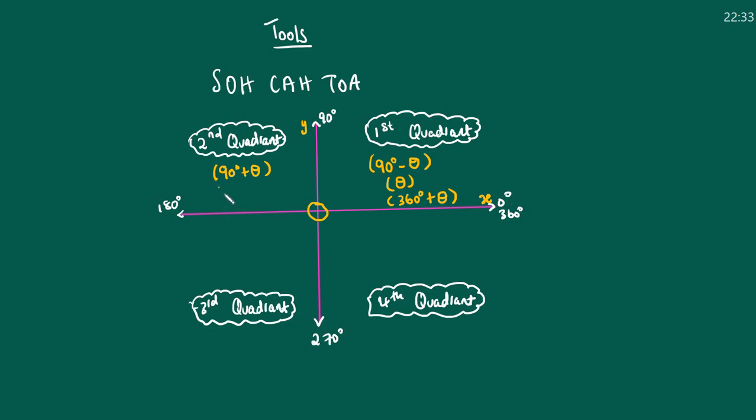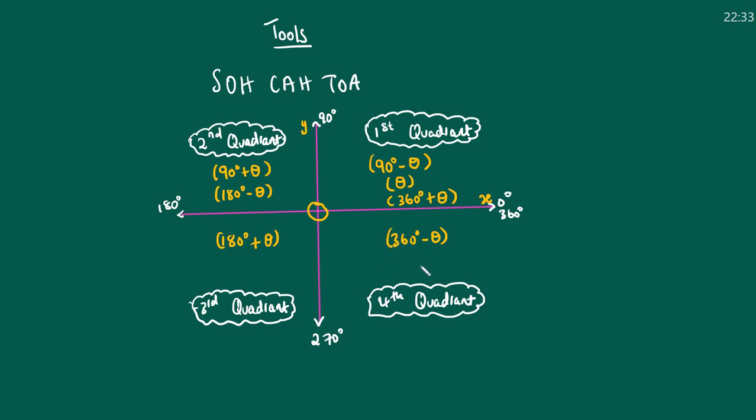And then this is 180 degrees minus theta, and then this is 180. Here we find, in the third quadrant, 180 degrees plus theta, and then in the fourth quadrant we find 360 degrees minus theta.